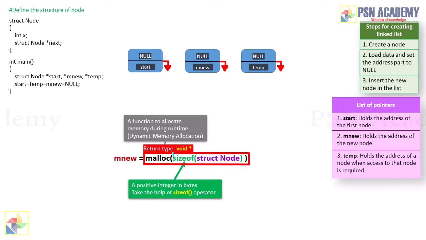So the data type of the area that has been allocated by malloc is void star. And on the other side, the data type of mnew is struct node star. So it is not matching. So that is why mnew cannot access this allocated memory by malloc. Then what to do?